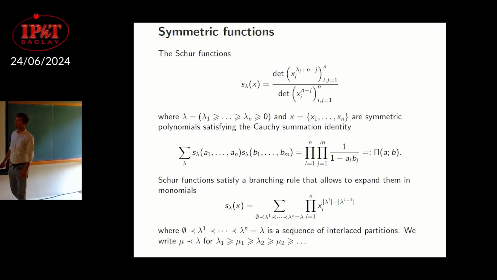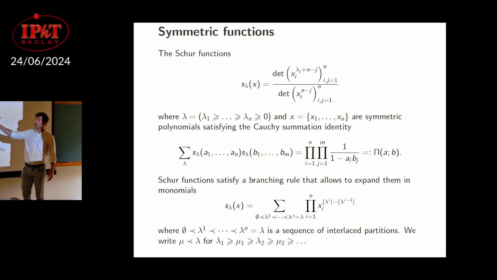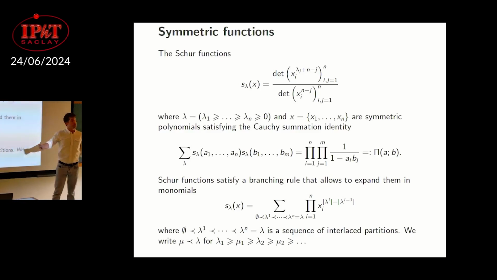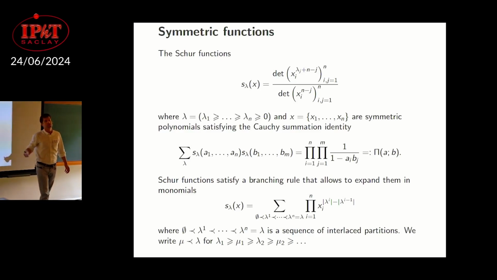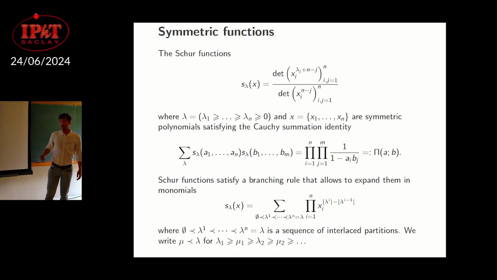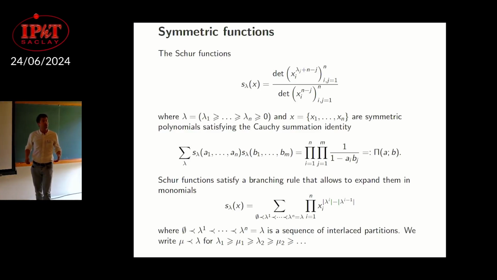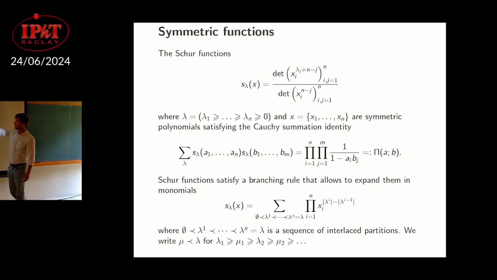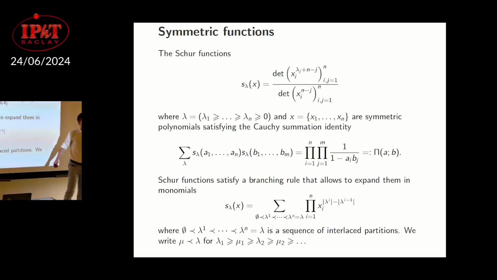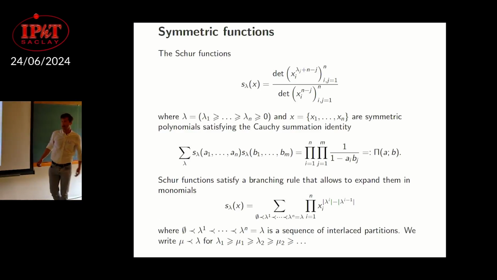You can take a Schur function in the variables a_1 to a_n, another Schur function in the variables b_1 to b_m, take their product and sum over all partitions, and it turns out that this has a very nice product form expression. This is called the Cauchy identity, and this product I will need to reuse, so I denote it by pi(a,b).